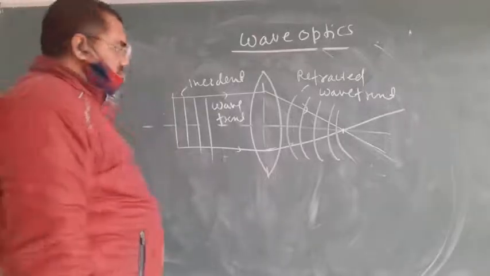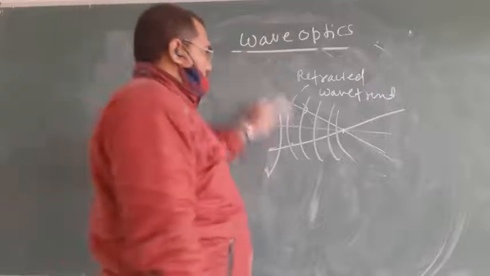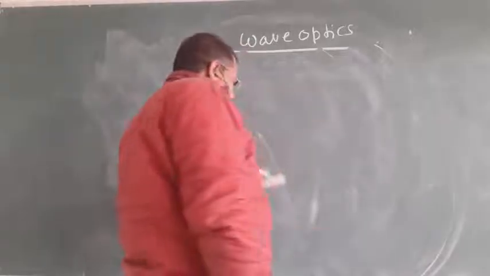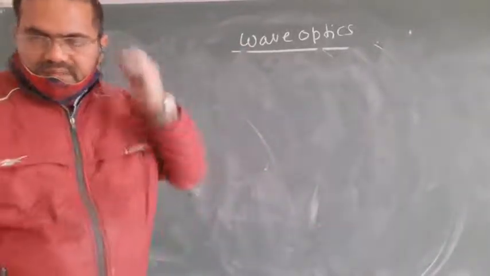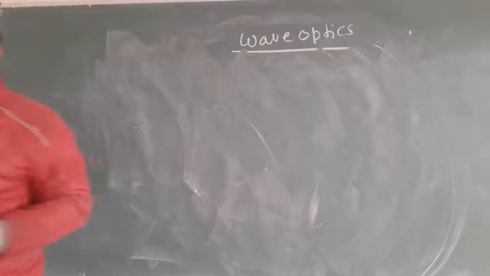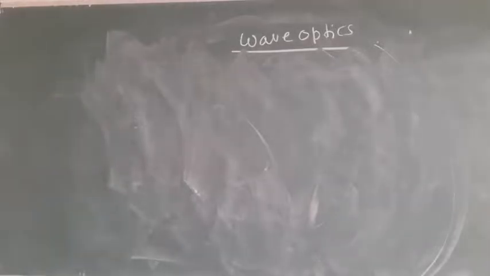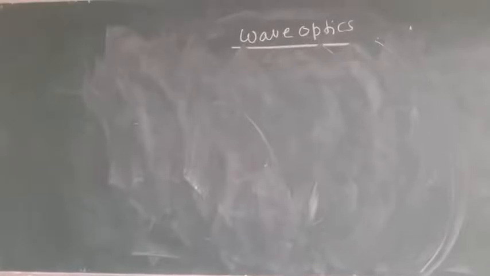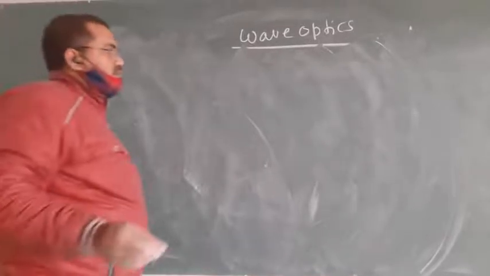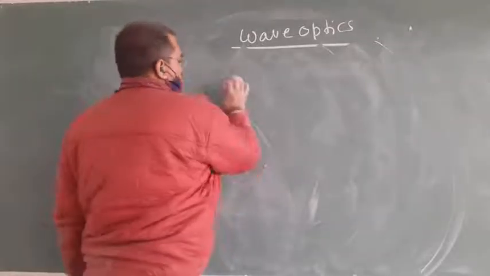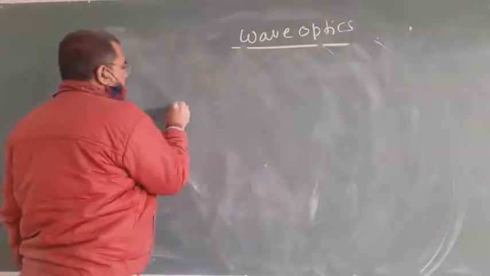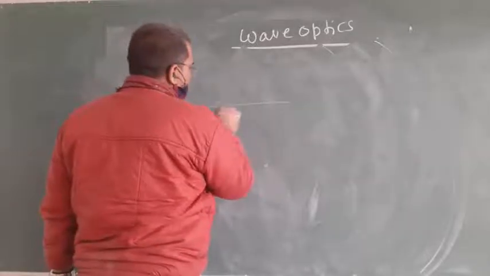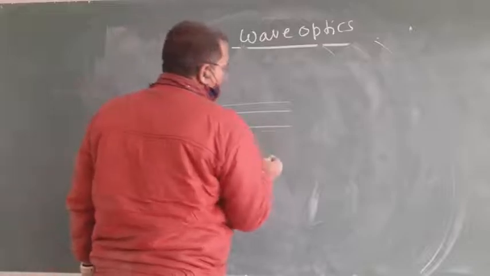This is the wavefront of a point source. Suppose the source is very far, so the lines must be almost parallel.